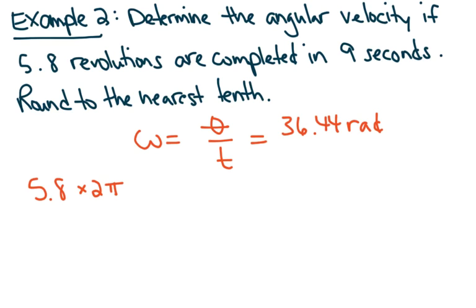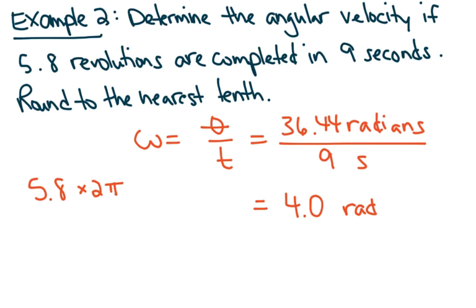I guess I could have called it 36.4 radians because it wants me to work to the nearest tenth, but that's okay. And then we're going to divide that by the time, and the time is 9 seconds. So 36.44 divided by 9 is going to be about 4.0. And the units of measurement are radians per second.